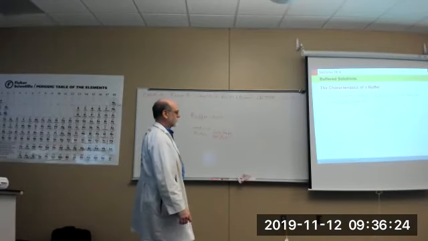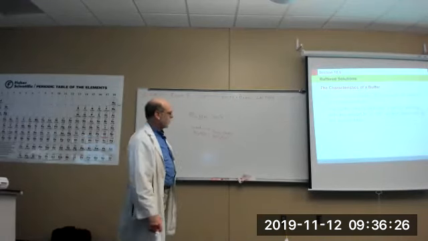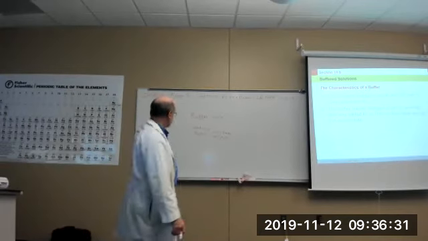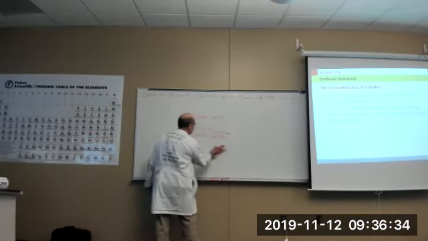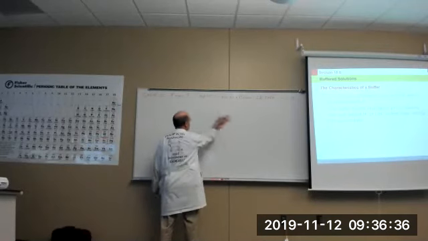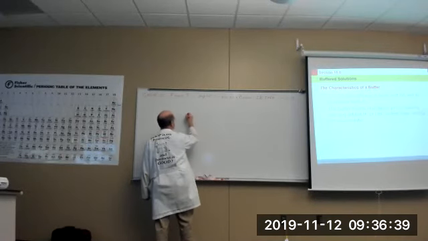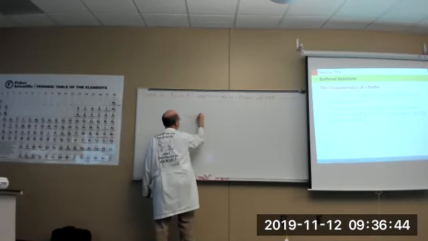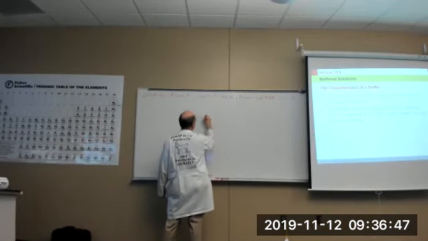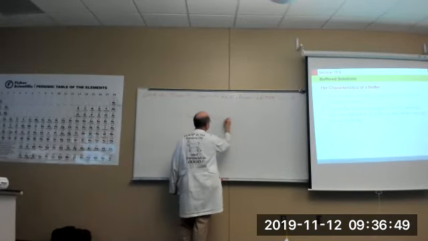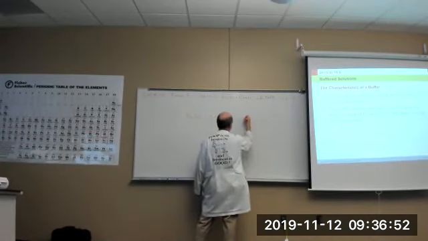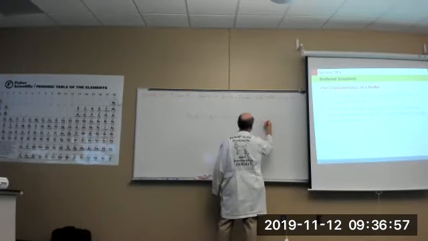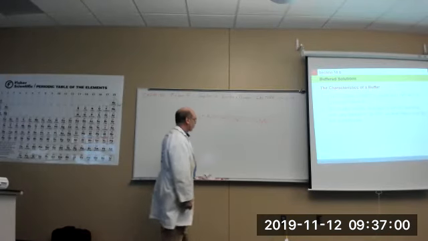So what happens? Let's see. Am I jumping the gun here? No, not really. So let's look at the acetic acid as an example. Acetic acid plus water yields that hydronium and this acetate ion, right?